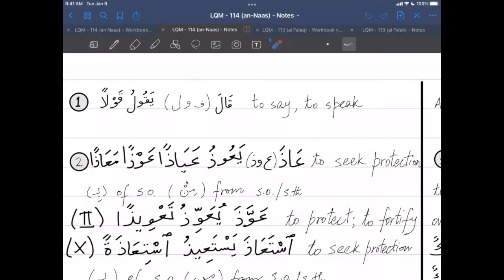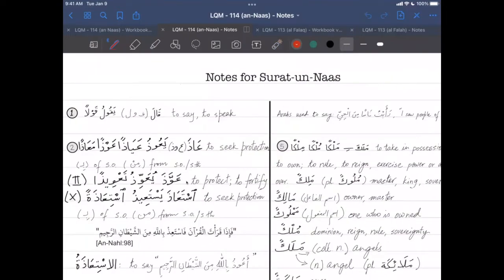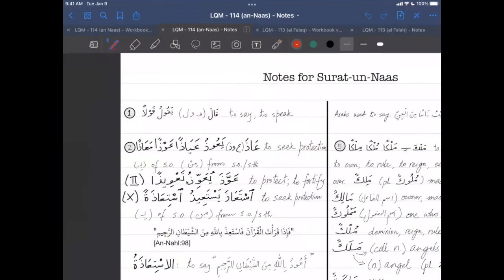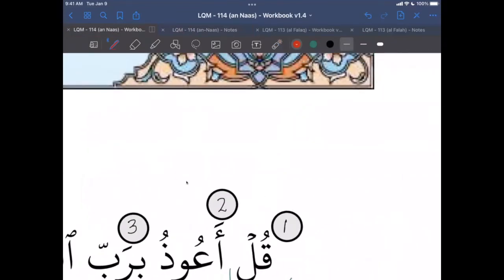So, qala yaqulu qawlan, and just a quick refresher on how we got qul as amr. For you, the form is taqulu.